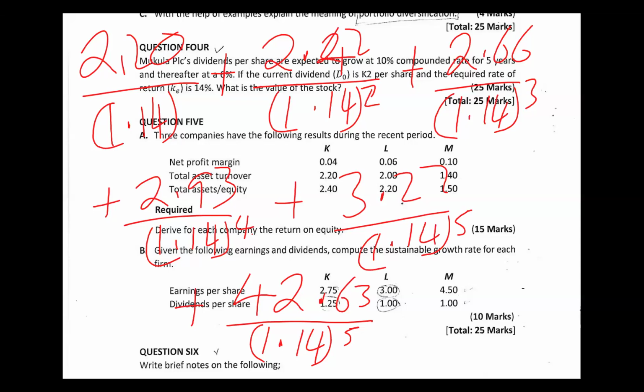Since this cash flow rate is going to continue afterwards, we need to find the terminal value, which is basically the future value of all the cash flows that come afterwards. That is after 5 years, because we are ending at 5 years, so we're starting from year 6 going forward.